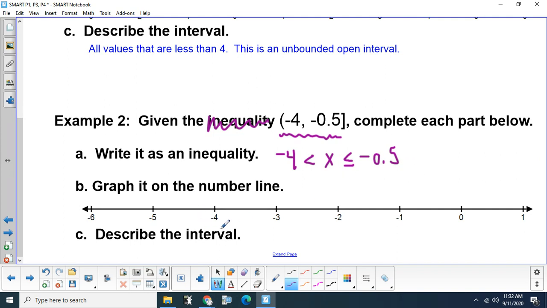If I want to graph this on the number line, I'm going to use the parenthesis on the negative 4, and I'm going to use a hard bracket where approximately the negative 0.5 would be, and I'm going to connect all values right in between there. So now I've graphed it on a number line.